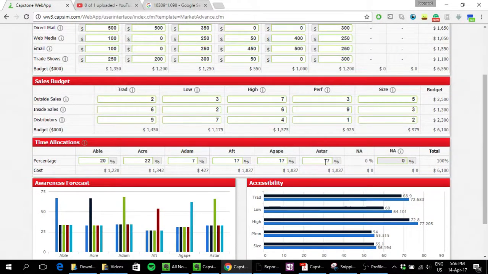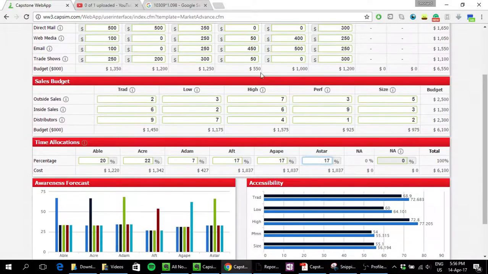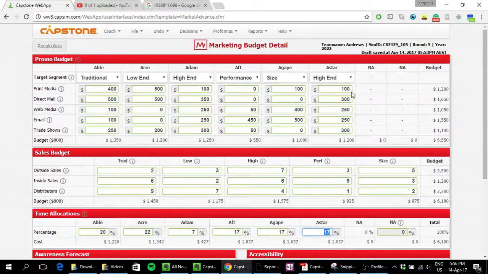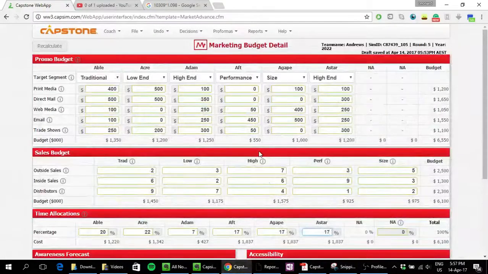When I created the new A-star high end, I reduced my time allocation on Adam and concentrated on A-star, since that will be the new high end product. Once again, it depends on your strategy, and reading the Capstone team member guide will help improve your understanding slightly.